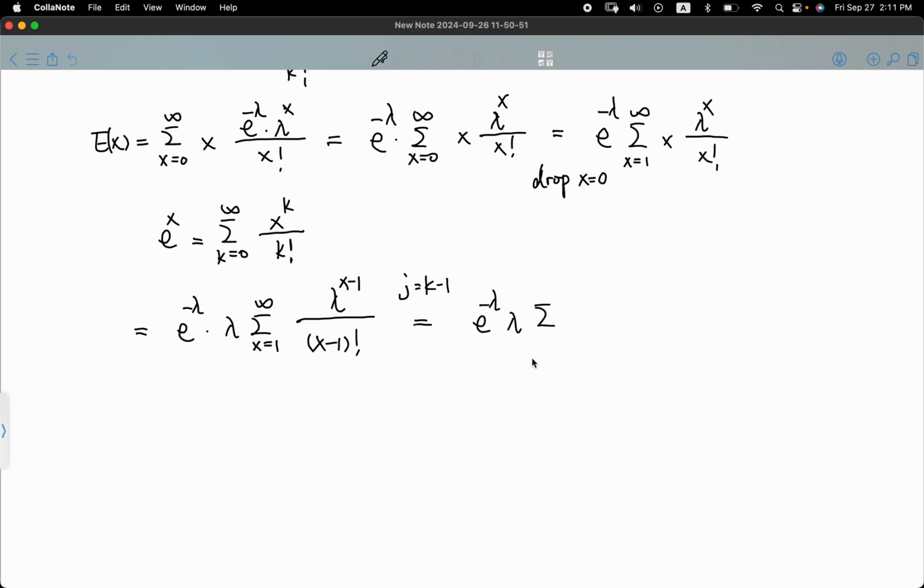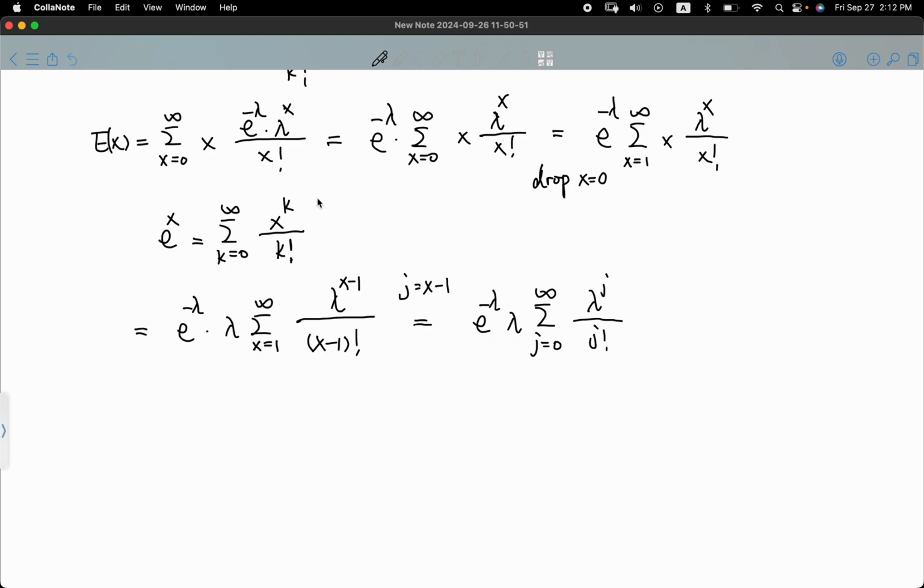So the summation over j, in our case the j is x minus 1. So when you start from 1 for x, you essentially have j equal to 0, and also you have infinity sum here, and for this one you will have lambda raised to the power of j, and then j factorial.